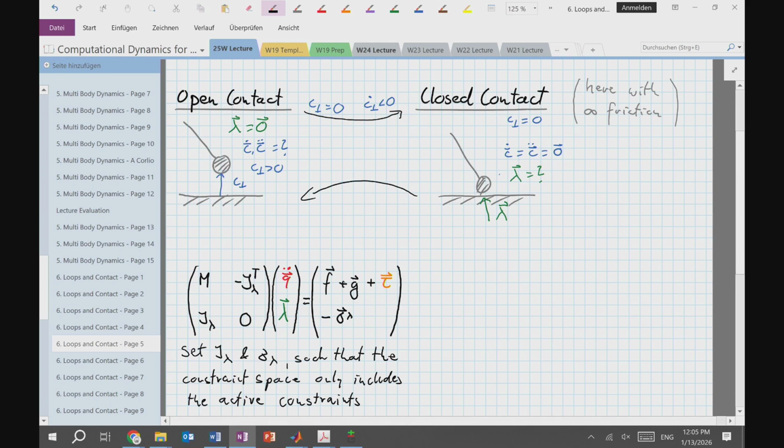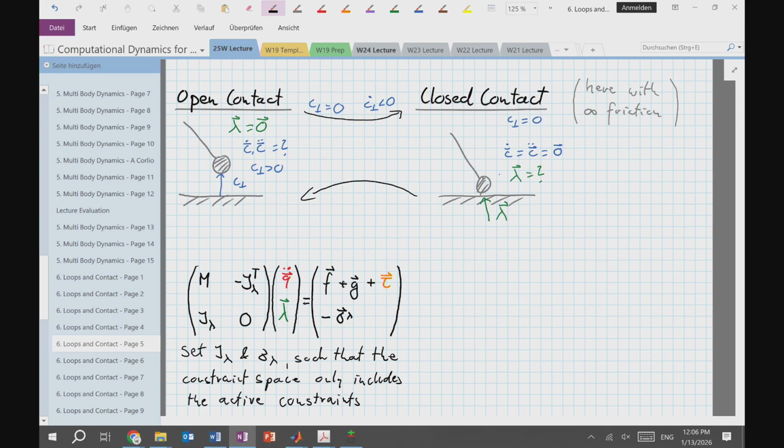How do I detect the other direction? What would I have to monitor to detect the other transition? That is sort of the first guess, right? You would say a good idea would be if this C perpendicular now becomes larger than 0.